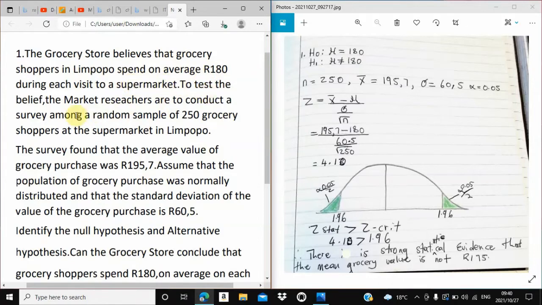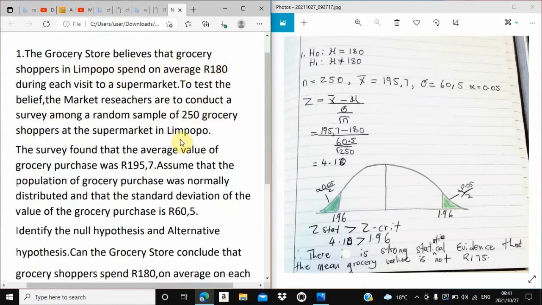To test the belief, the market researchers are to conduct a survey among a random sample of 250 grocery shoppers at the supermarket in Limpopo. Don't forget that here we test a claim. That's why here we hear about the market researchers, who are about to check whether it is true that grocery shoppers in Limpopo spend on average 108.